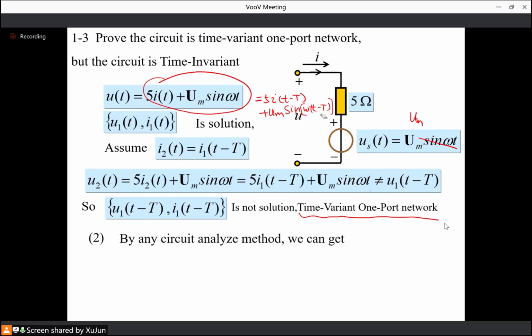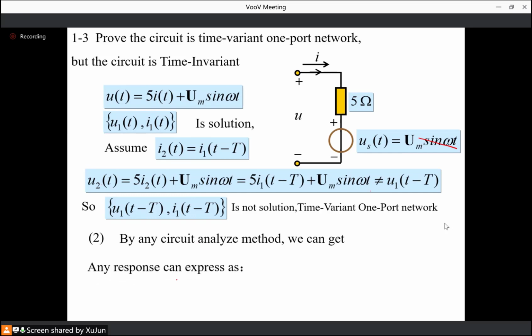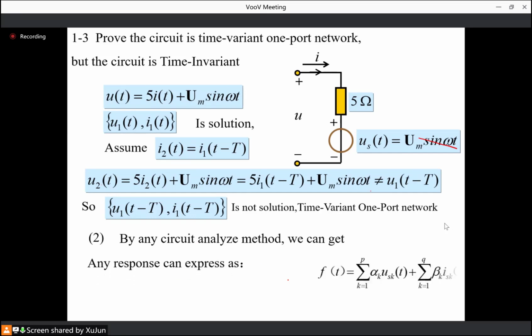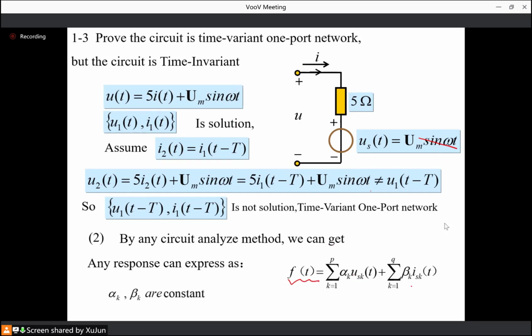So question 2. By any circuit analysis method, we can get any response expressed in terms of the source. For example, if we add a resistor here, this R2, this R1, this is the source.